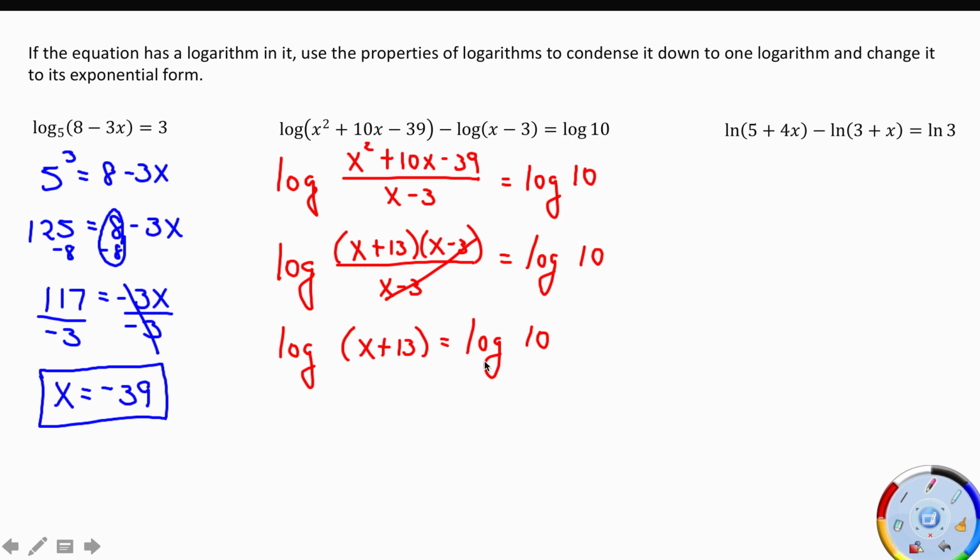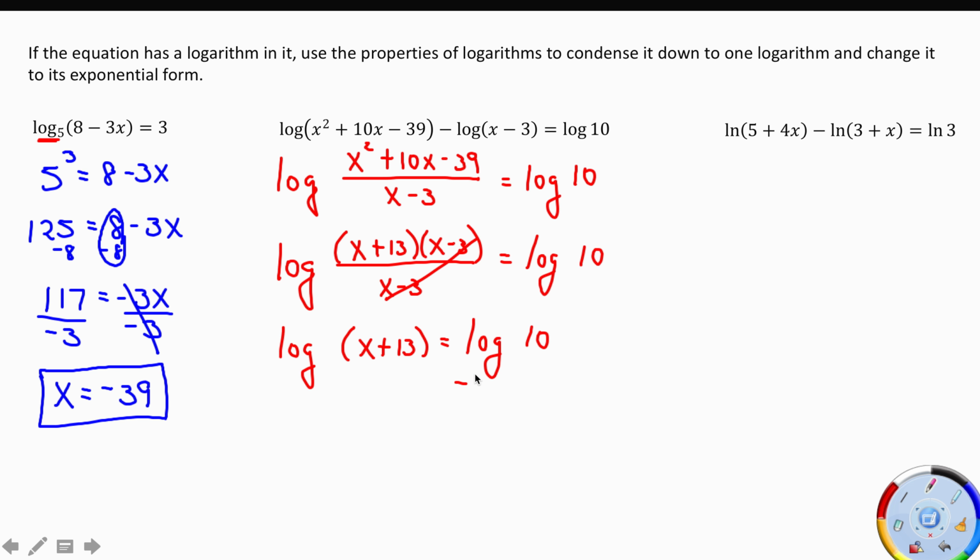Now, I got 2 or 3 choices here. One thing I could do is continue to move. I need one logarithm, right? This problem had one logarithm, and when I have one logarithm, I can change it to its exponential form.